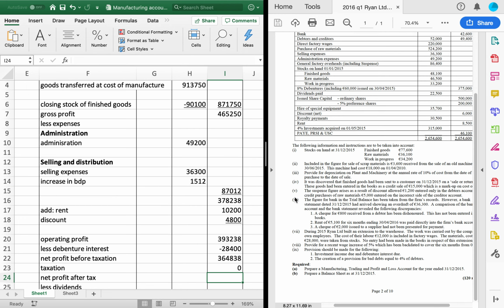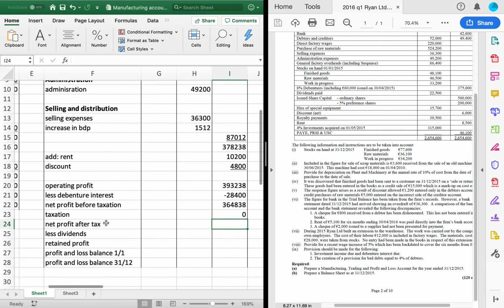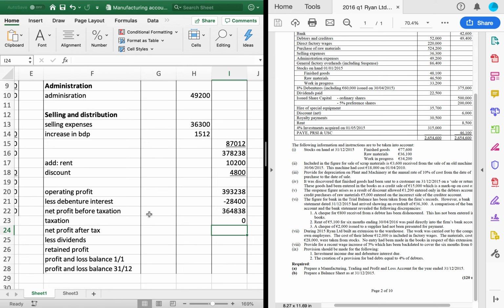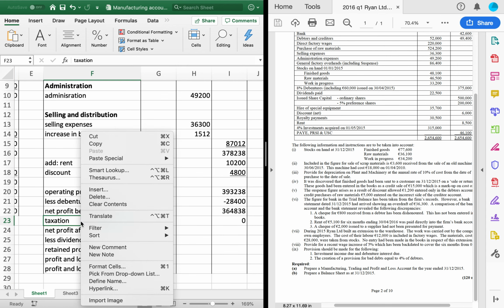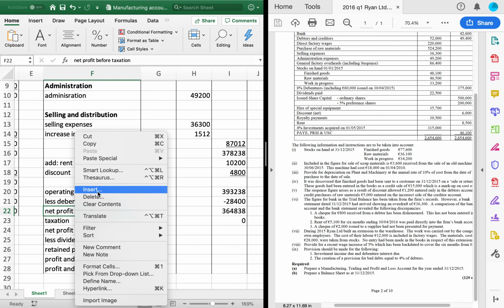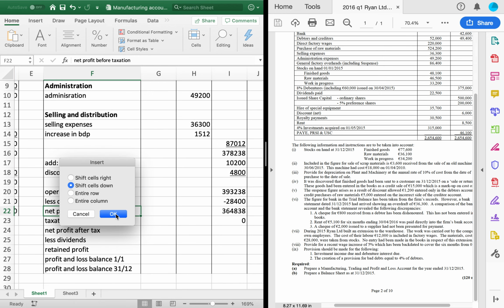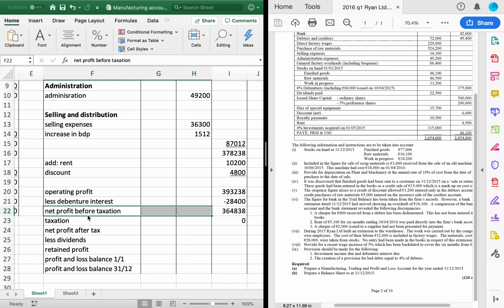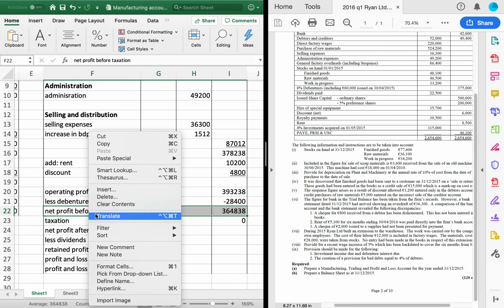There's none, but I have left out, of course, investment income as well. So I'll just put in the taxes 0. Let me just insert. Sorry, my skeleton was a bit incomplete.